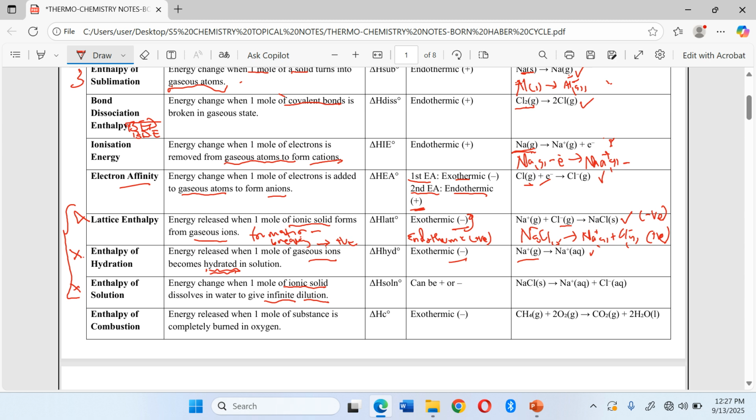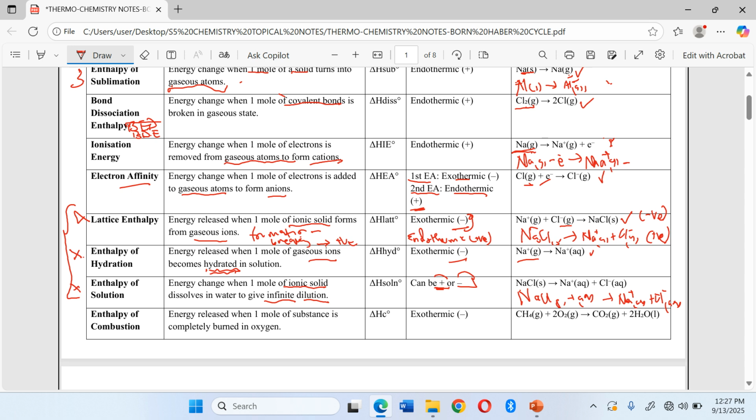We are saying that enthalpy of solution can be positive or negative depending, and we are going to explain this in more detail. When does it become positive? When does it become negative? I was giving an example: sodium chloride solid. When you add it into water, we form aqueous sodium and aqueous chloride ions. So that is enthalpy of solution.